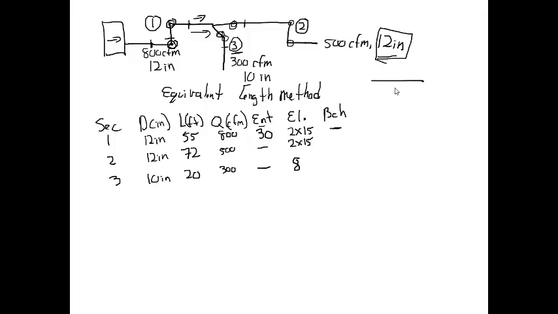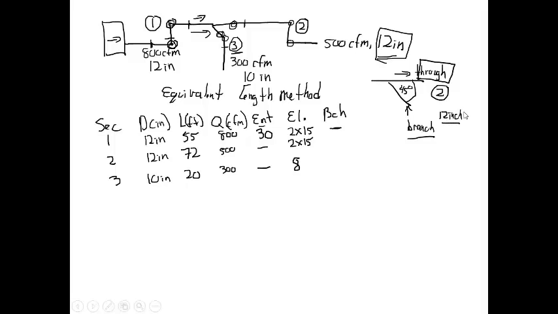If we look at our branch this way, this is probably at about a 45-degree angle. And there are two sections. There's the through, which would be Section 2, and then there would be the branch. So what we're going to look at is a through loss for Section 2 for 12 inches.